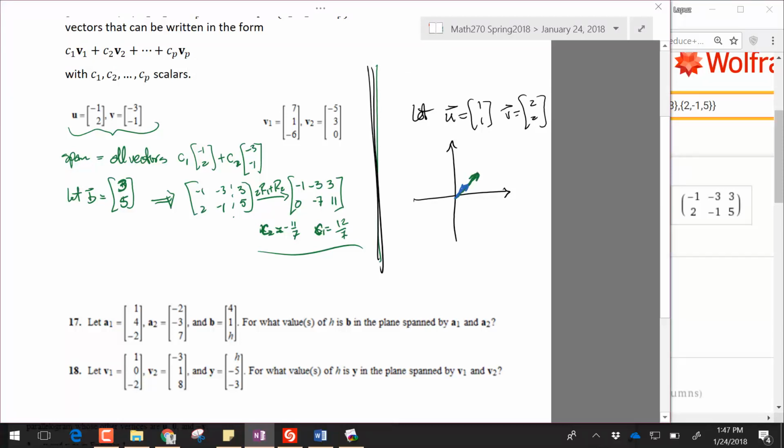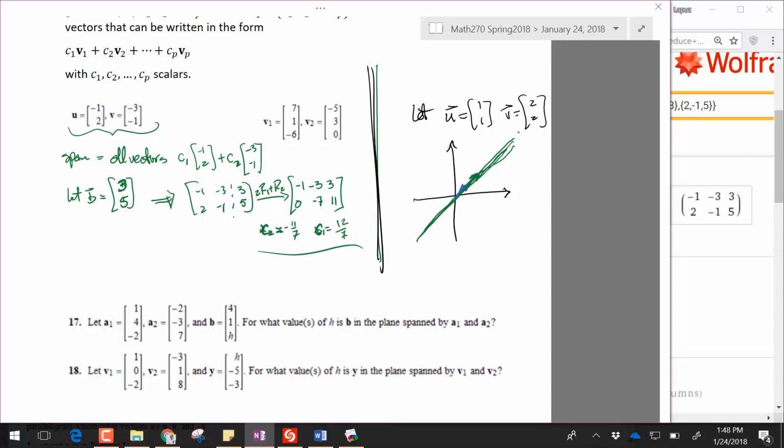Now, any linear combination, so first of all, let's think about that slanted grid again, right? If we had a slanted grid on this example, then our slanted grid would look like this. That's pretty boring, right? It doesn't fan out to anywhere else. It's a slanted grid, but they're all along the same line.